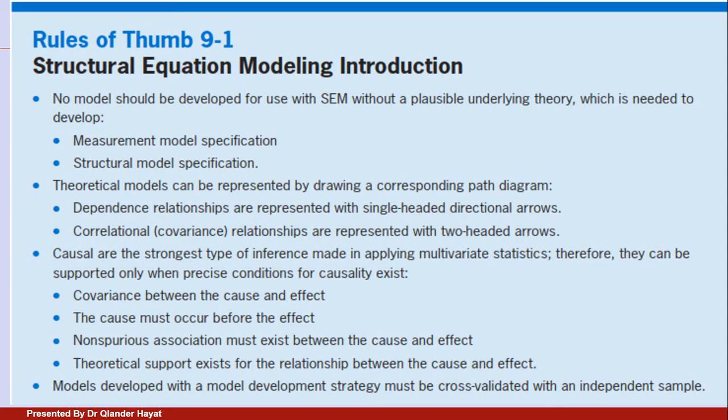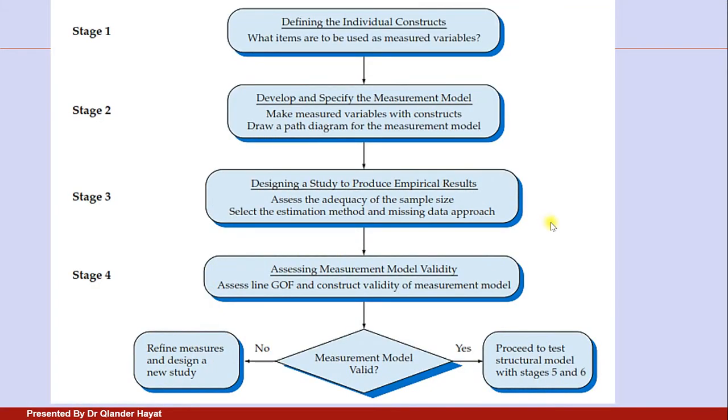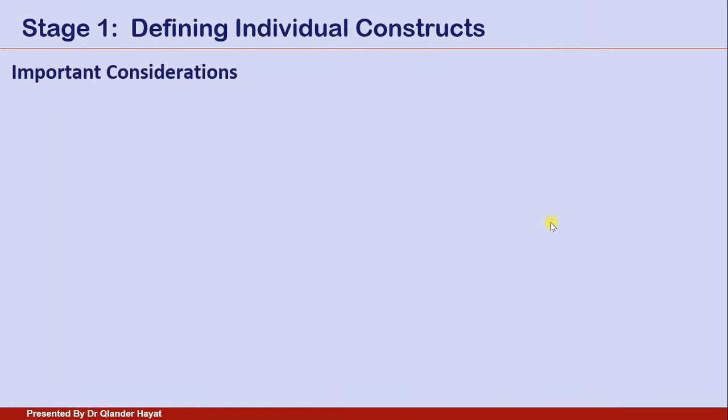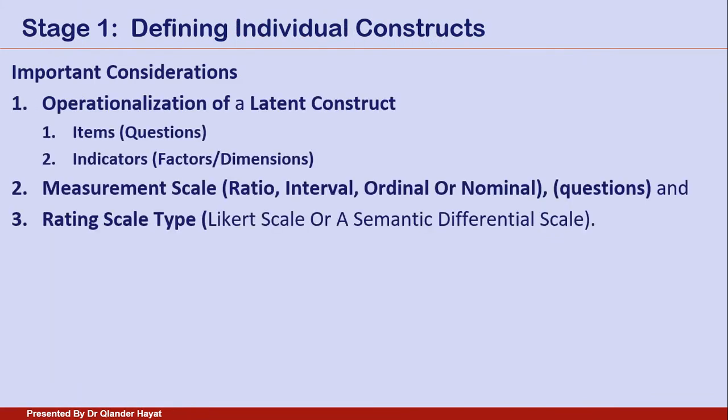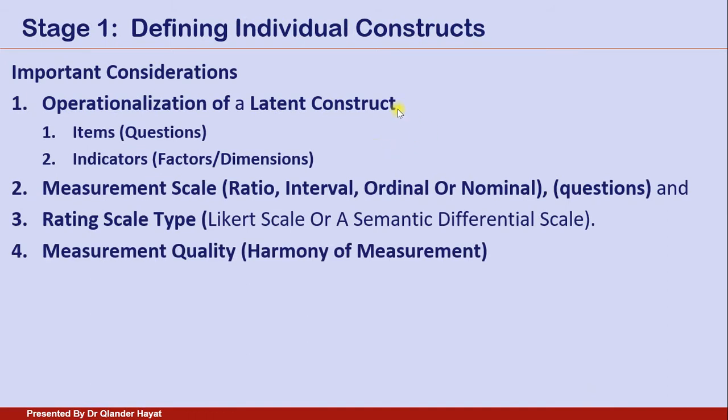For example, when we talk about the first stage, that is defining individual constructs, and when we are going to analyze any variable, we have to define individual constructs, and we have to see the operationalization of all these latent constructs.